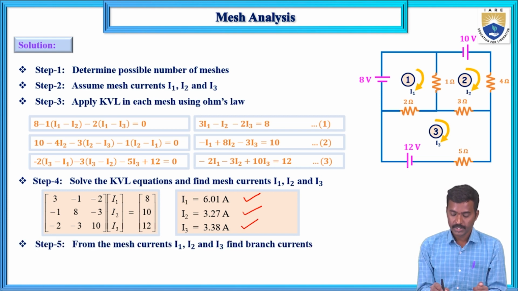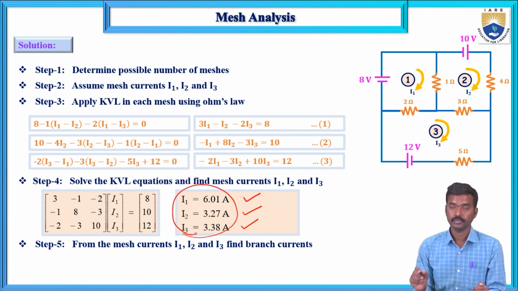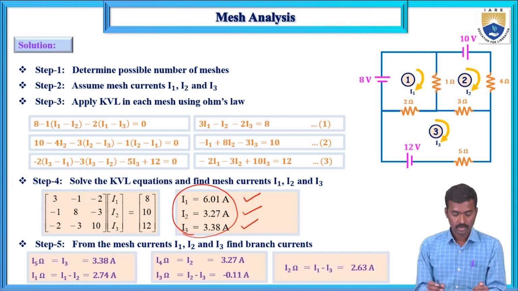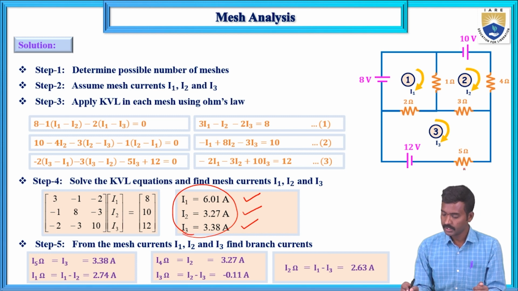From the mesh currents I1, I2 and I3, determine the current flowing through the 1 ohm, 2 ohms, 3 ohms, 4 ohms, 5 ohms resistors. Branch currents: the 5 ohms resistor current is I3, that is 3.38. The 4 ohms resistor current is I2, that is 3.27.